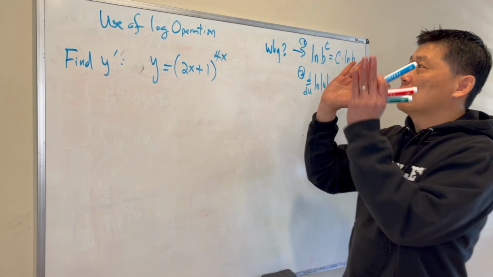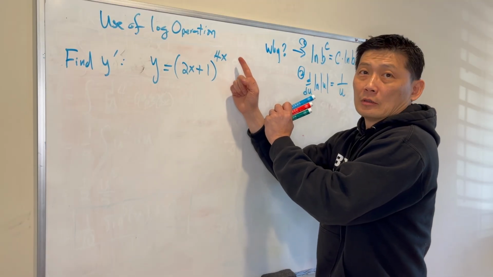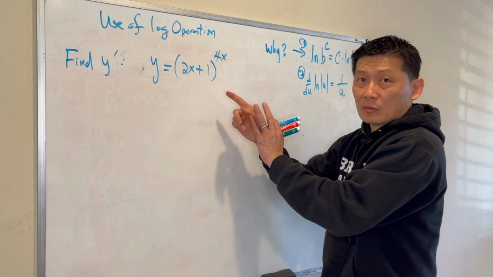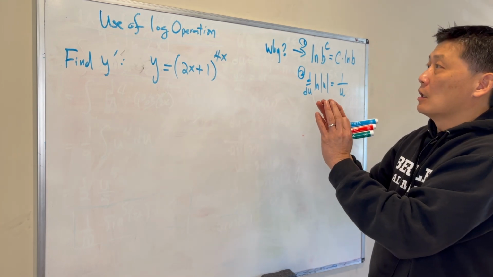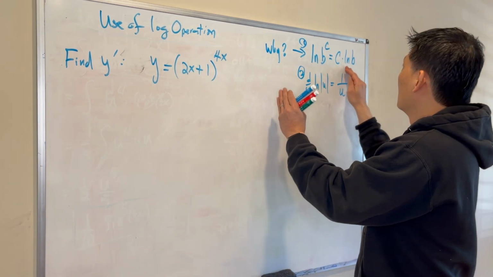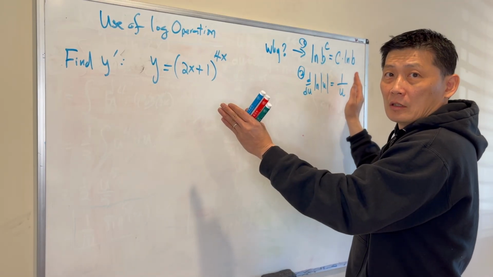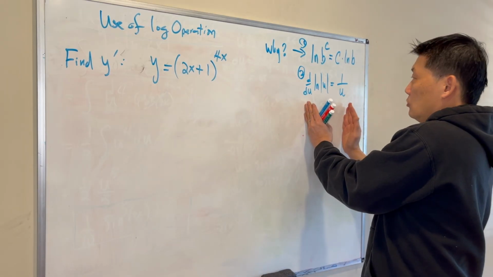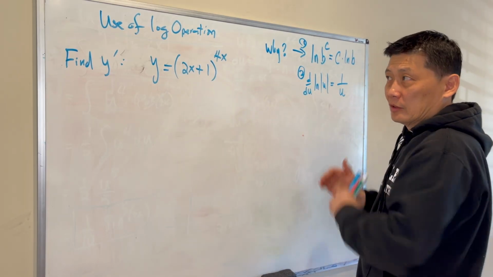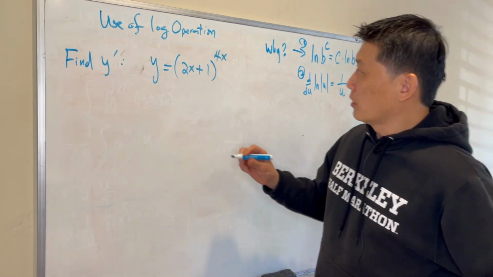So if we can somehow use ln on this to get the exponent down to the base position, then one of the elements showing up will have an ln expression in there. And if you have an ln expression in there, no fear, because we know that the derivative of ln u is 1 over u. Those are the two reasons. So let's go ahead and try to solve this problem.